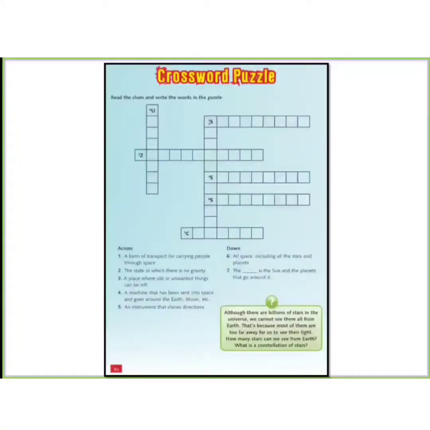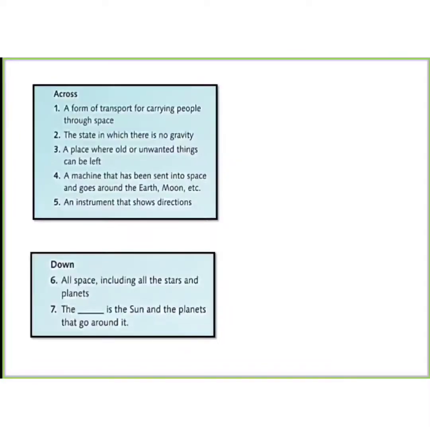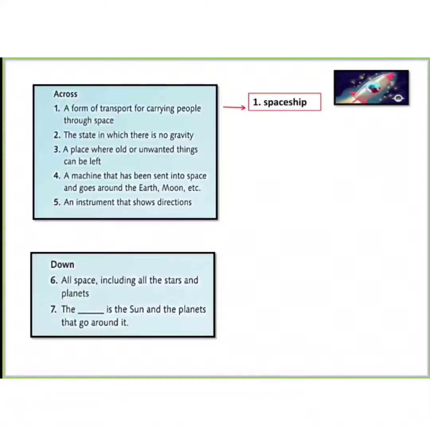Let's move to the next, the last question, the crossword puzzle. Let's answer it together and quickly because it is just a revision. Number 1, a form of transport for carrying people through space. The answer is spaceship. A form of transport for carrying people through space, spaceship.